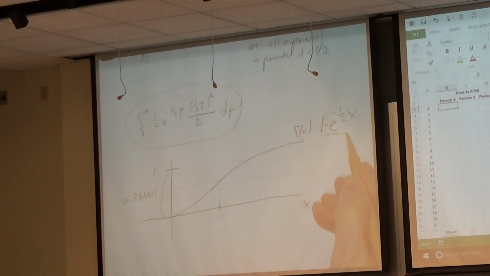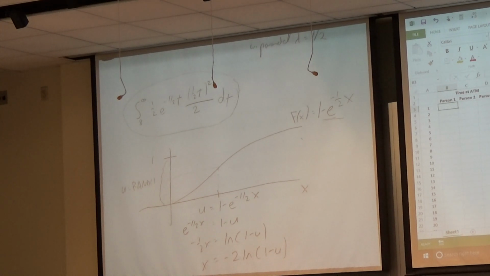I know what defines that, so u has to equal 1 minus e to the negative 1/2 x. I don't want to keep rewriting rand, so u is my rand. I need to solve for x. So 1 minus u equals e to the negative 1/2 x. So negative 1/2 x is the natural log of 1 minus u. x is negative 2 ln of 1 minus u. Okay, so now I know how to simulate my exponentials.